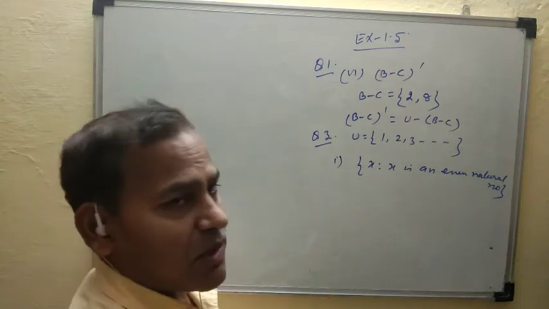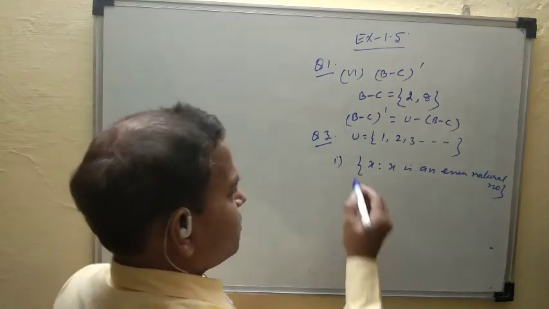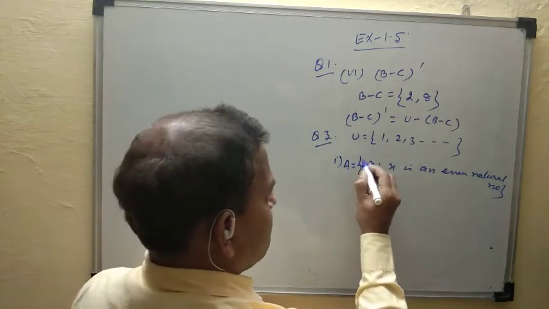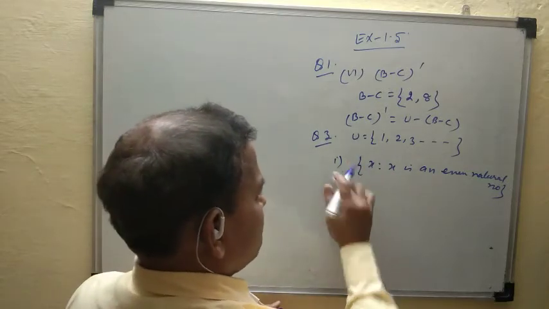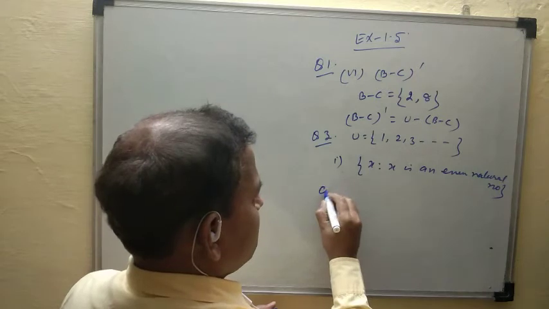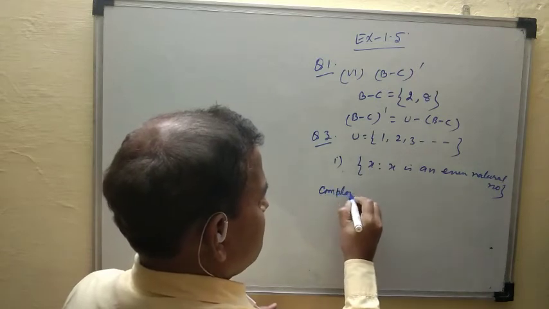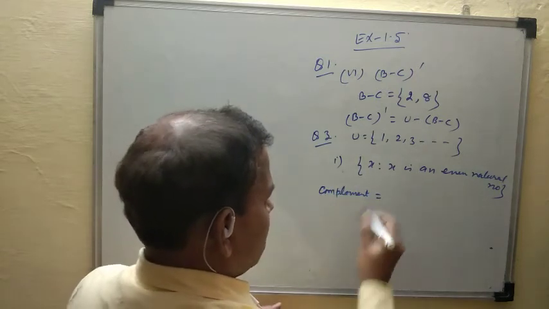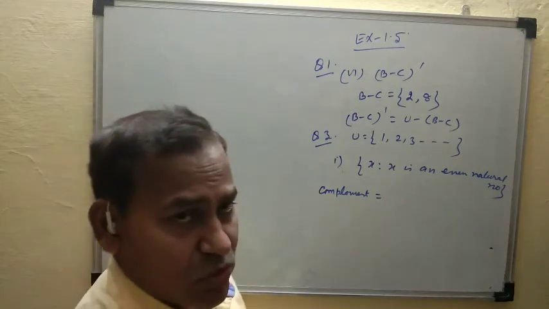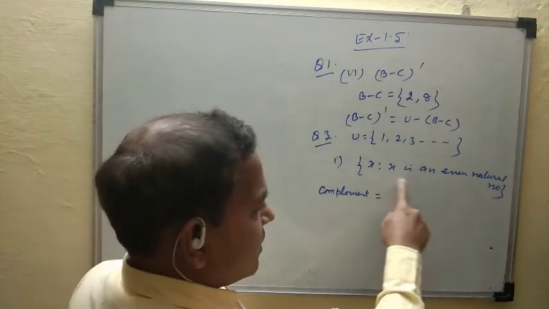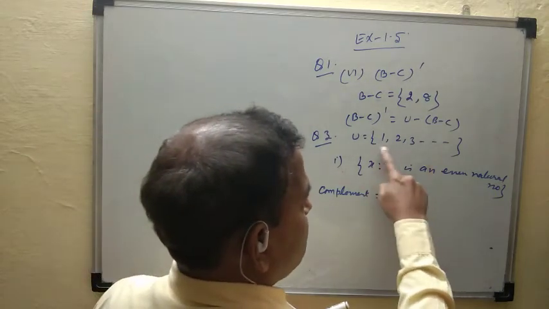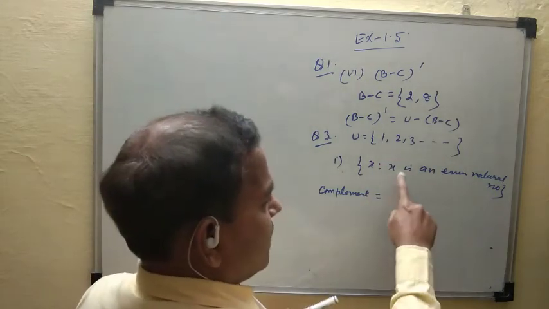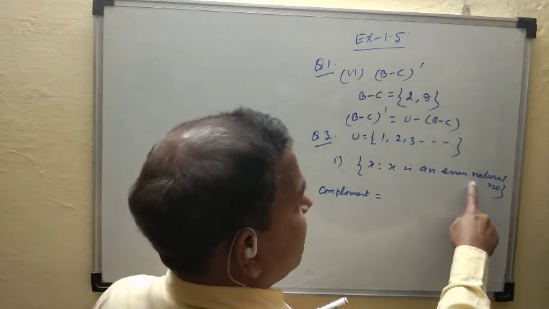So its complement is equal to, suppose this set is A, the universal set minus this set: the set of all natural numbers minus {x such that x is an even natural number}.